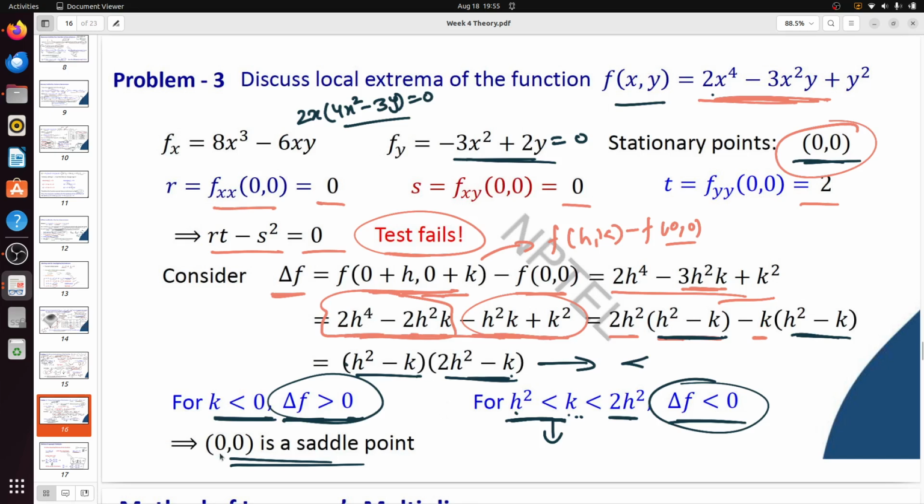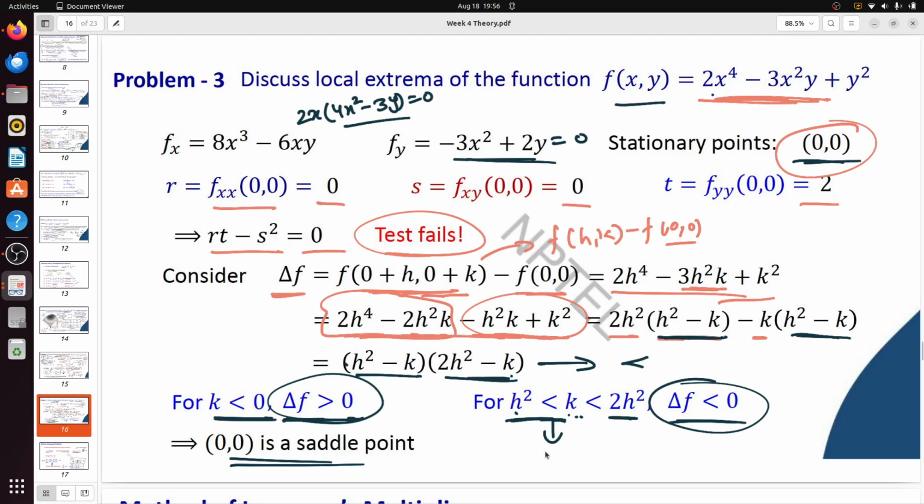So that's why this (0,0) is actually a saddle point. For k greater than 2h^2, delta f is actually negative.